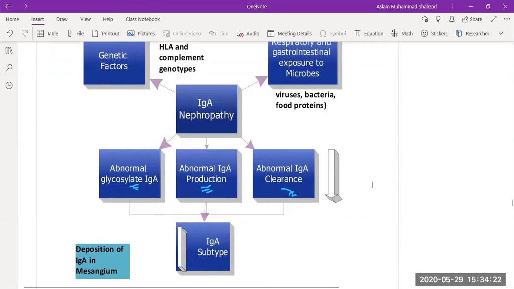So there are a number of factors involved, and the IgA is deposited in the mesangium, as I discussed before. Why does this happen? It happens because of a number of genetic factors, HLA and complement genotypes, or sometimes because of bacteria, virus and food protein.